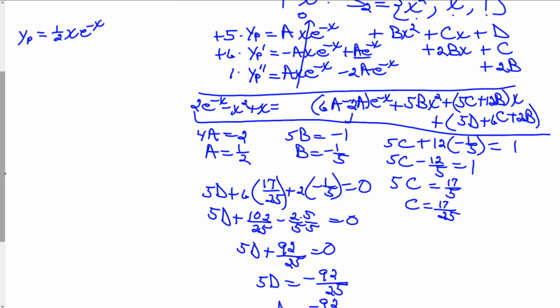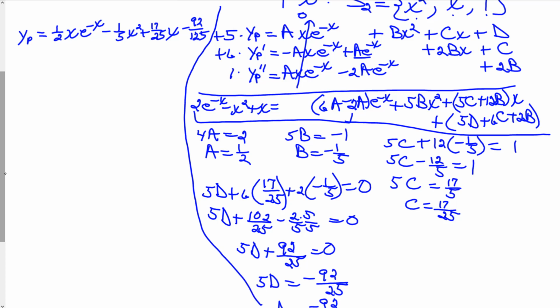Well, the b is minus 1/5, so minus 1/5 x squared plus c x, our c was 17 over 25. And then plus d, and our d constant was -92 over 125. Okay? So all of that was our work in trying to find y sub p.